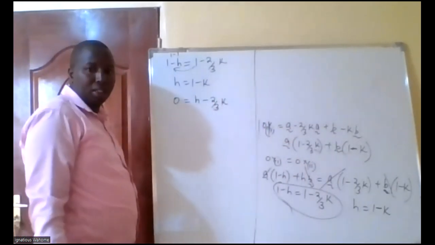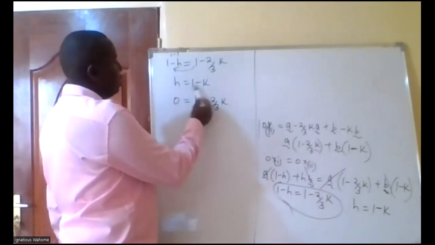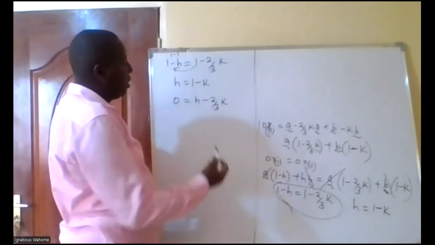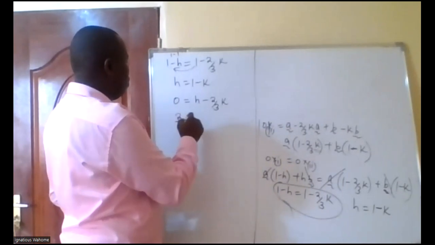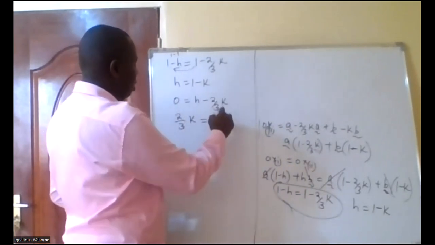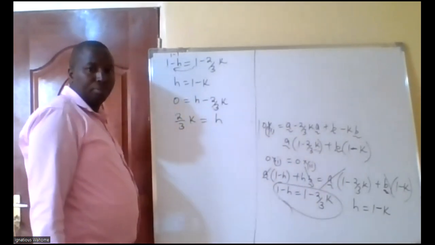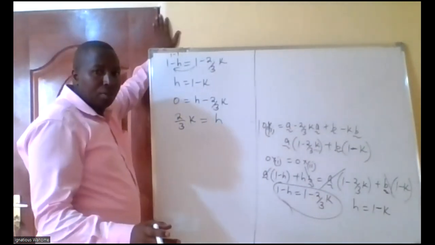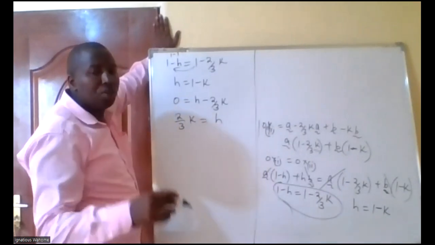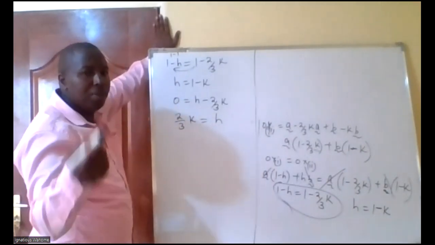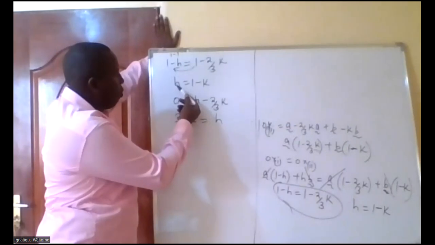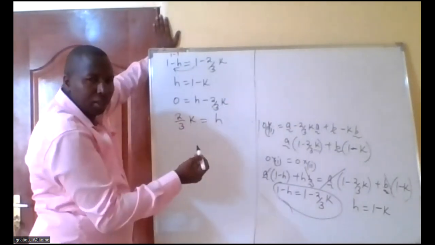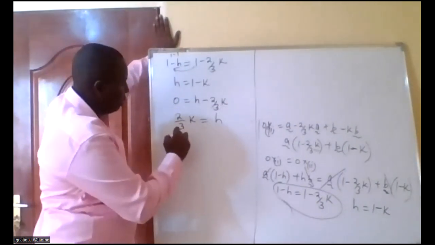And here you had H is equal to 1 minus K. So 2 over 3K, to make it positive, is equal to H. To find the value of K, you can use substitution or elimination, but because it is just H equals 1 minus K, why don't we substitute?